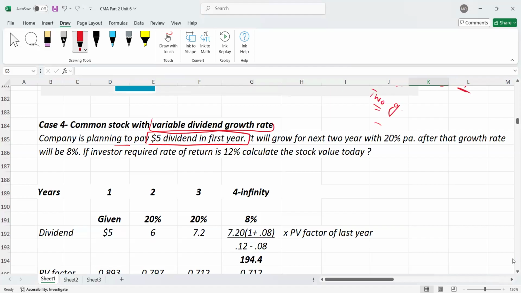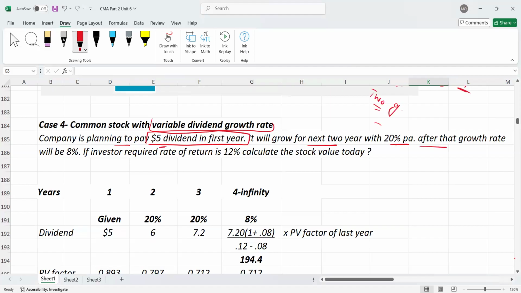Then it will grow for the next 2 years with 20% per annum. If in the first year it is $5, then it will grow for the next 2 years. The next years will be year 2 and 3. Okay, it is growing with 20% per annum.